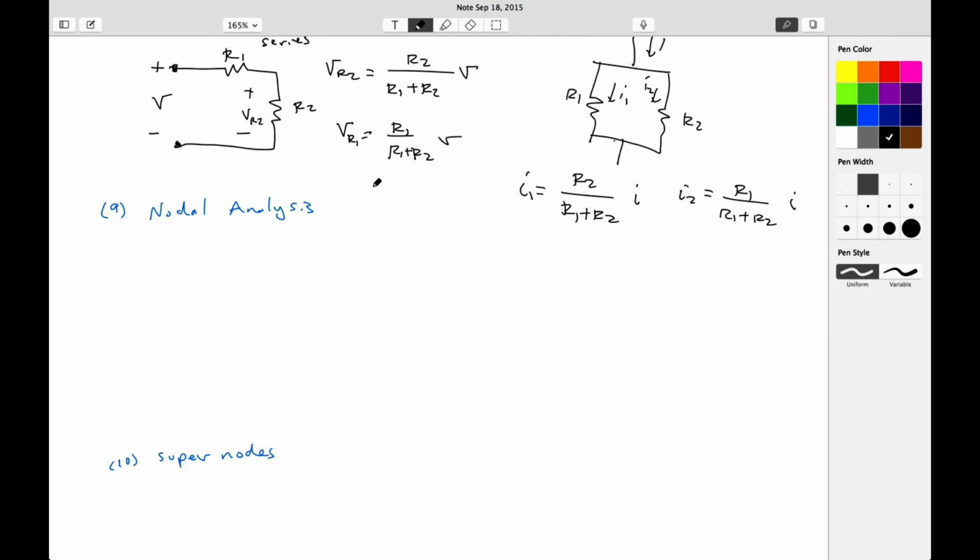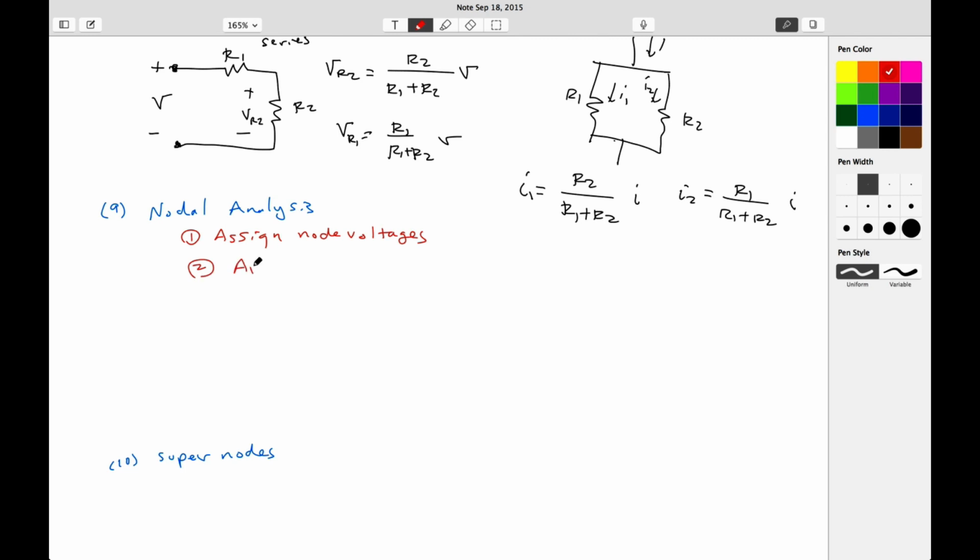All right, next we have nodal analysis. In nodal analysis we have 3 steps. First step is to assign the node voltages. On the exam, this will be done for you.